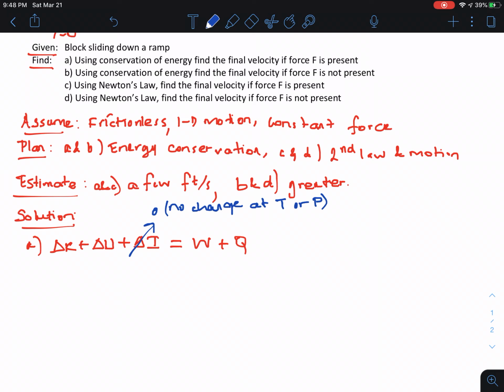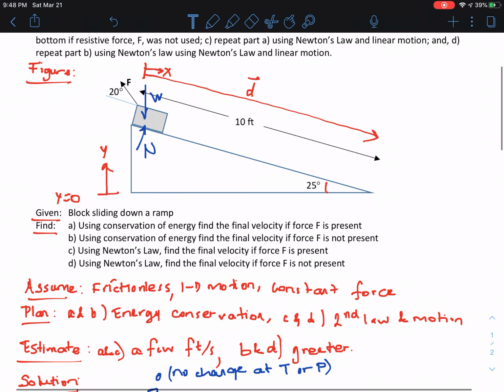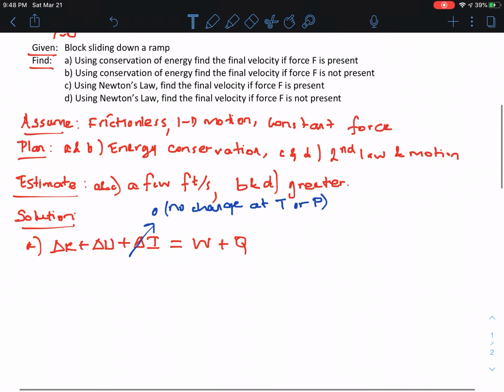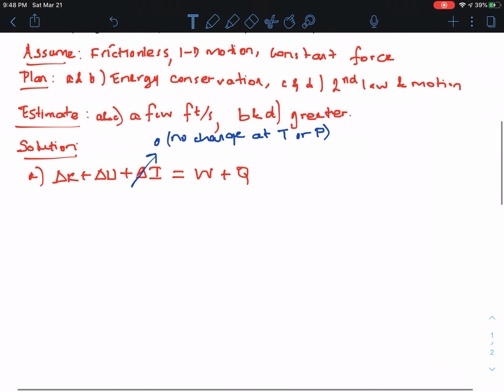And then the work done. Do we have work done? If you look at the free body diagram, we have three forces. What we usually do when we apply energy conservation is skip work done for now, but we will do that later. Let's just simplify the equation. I'm going to skip the work term, and I'm going to look into it later and more carefully.